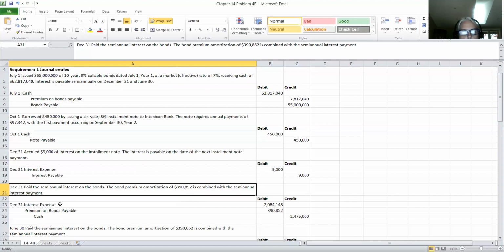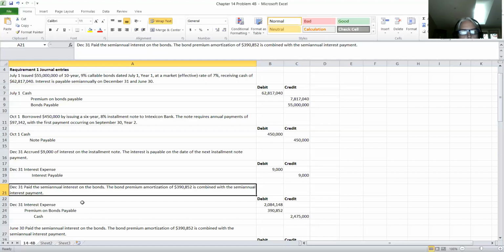Now, you can make two separate entries, one to do the semi-annual interest payment and one to record the amortization of the bond premium. In Cengage, they want you to combine it all together, so I'll tell you about how we determine the amounts for this particular transaction.